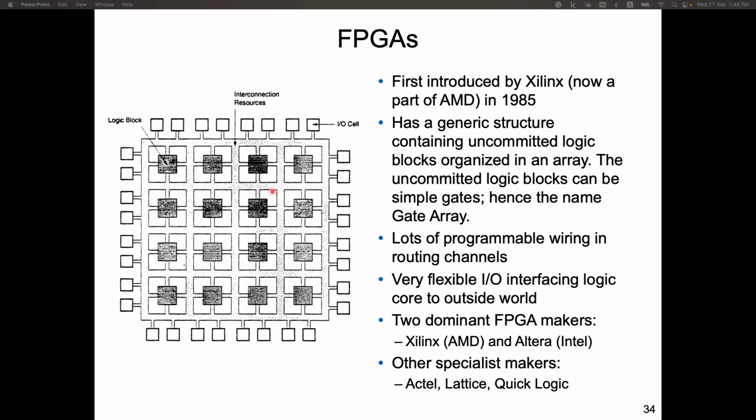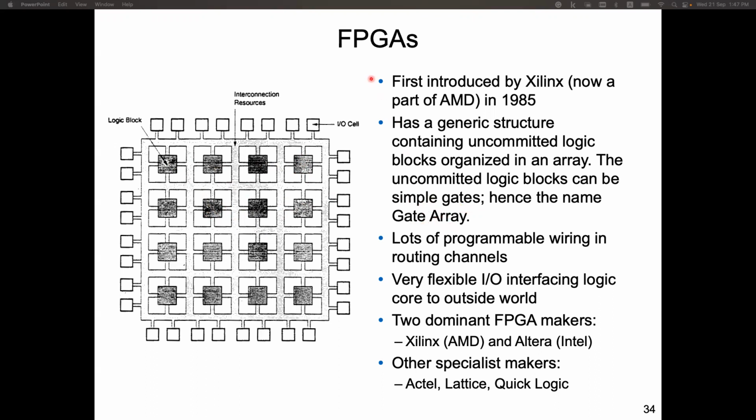So FPGA has a generic structure containing these blocks of uncommitted logic. Logic waiting to be configured by the user. The uncommitted logic blocks can be simple gates. Hence, part of the name is gate array.